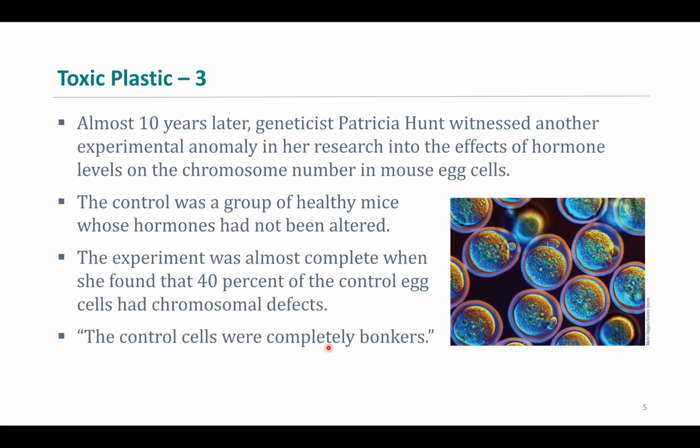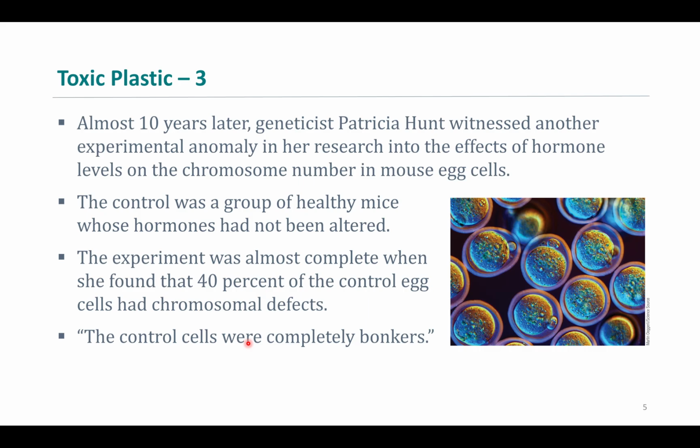In both cases, you're going to learn later. In this case, they later found that the plastic container was oozing out a chemical called BPA, and it was acting as estrogen. That's what caused the abnormal chromosomal growth, or chromosomal defects, in these egg cells.